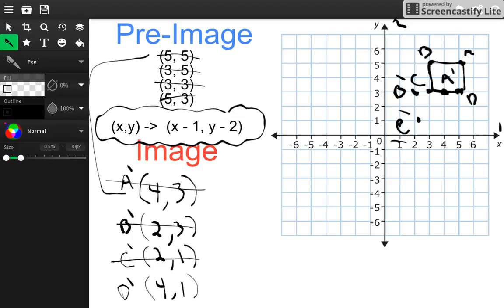Over 4 up 1. D prime. Let's connect those. So we can see that we moved the original shape down and to the left. And if you think about what -1 is on the x-axis, that is going that direction. If you think about what -2 is on the y-axis, that's going that direction. So we moved it down and to the left.